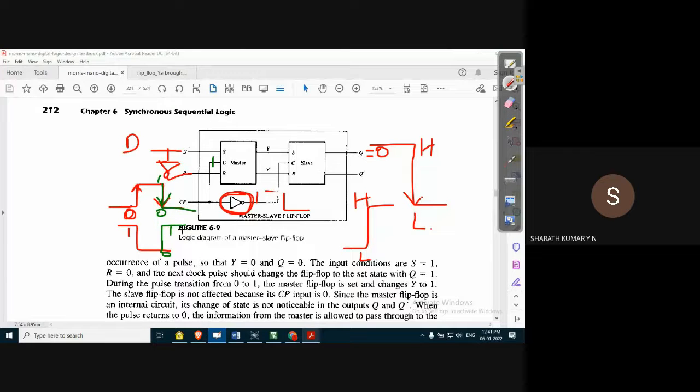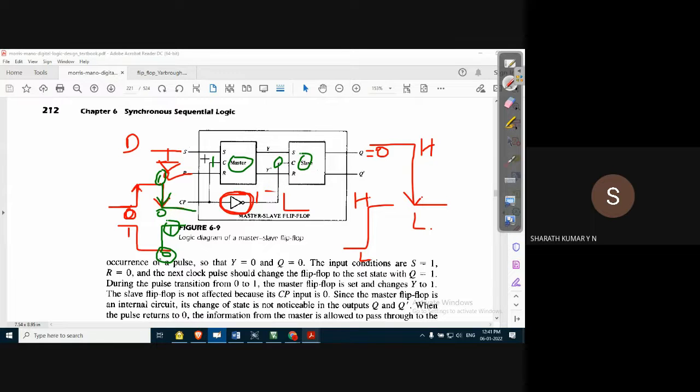So the initial condition of the slave is 0, whereas the master is 1. I'm talking about this edge, before the edge is applied. In this negative edge region, the master will have a clock input of 1 and the slave will have a clock input of 0.